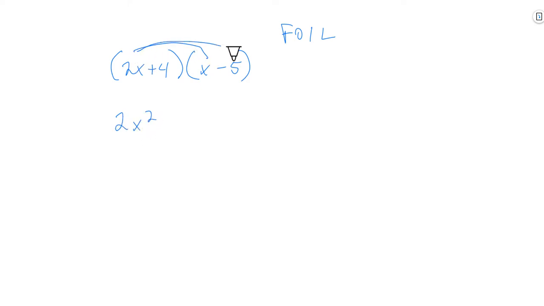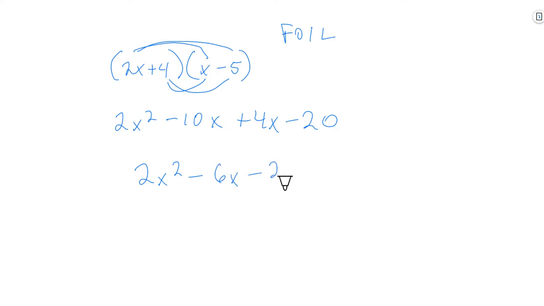And then you took 2x times -5 and got negative 10x. 4 times x plus 4x, and then 4 times -5 gave you negative 20. And then your final answer was 2x squared minus 6x minus 20.